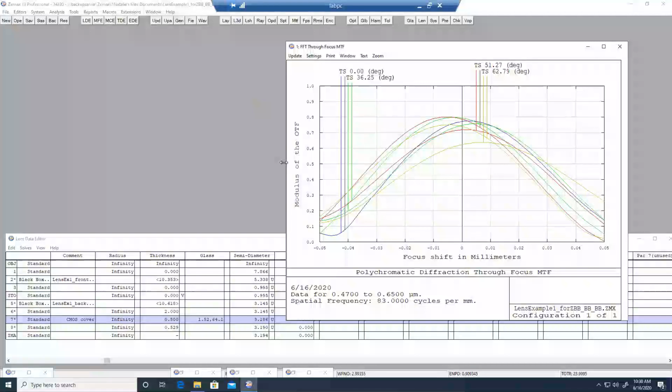And what's important to consider here, and why the true focus plot is important, is that if we now change the analysis wavelength from visible to, for example, 850, if this lens wasn't initially designed for 850 nanometers, these peaks would shift. And what that means is that the ideal focal plane would shift. In an ideal sense, the lens would have to be refocused by some means.